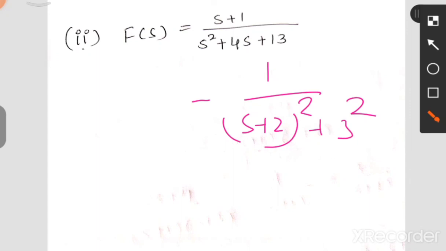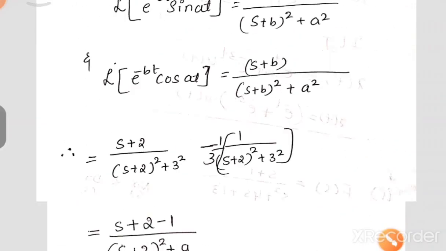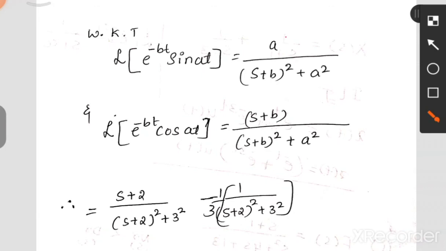When you are applying this with respect to sin, the formula for e raised to minus bt sin at is a divided by s plus b whole square plus a square. So here we have 1 divided by this.